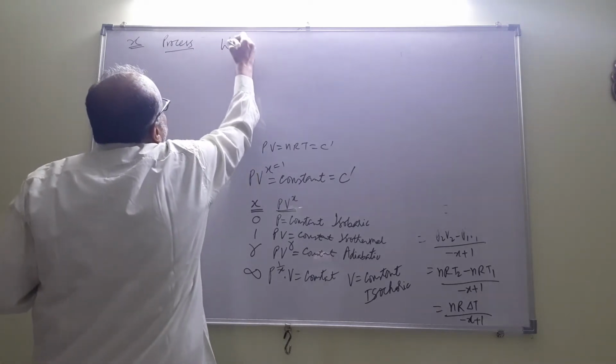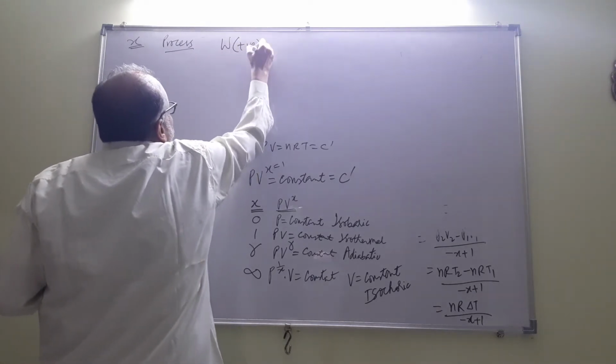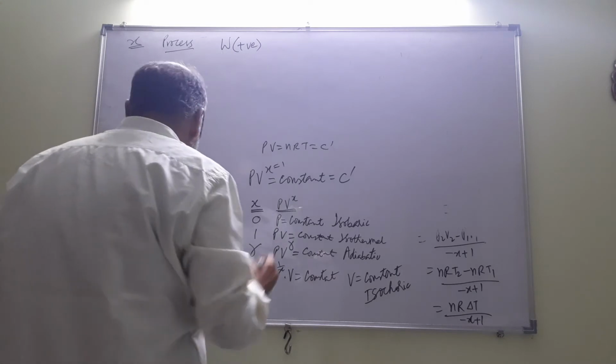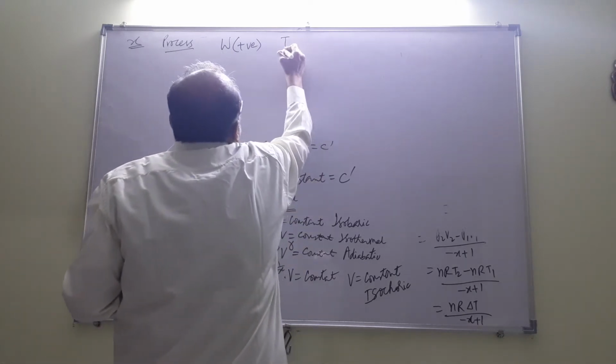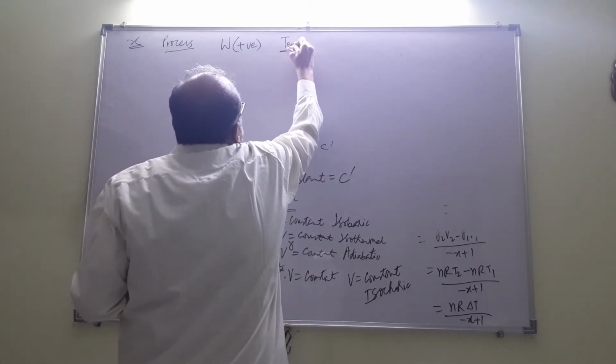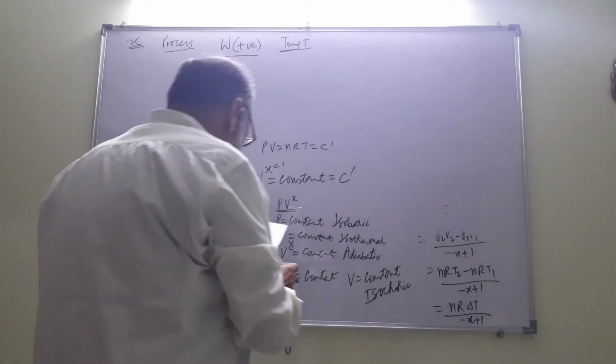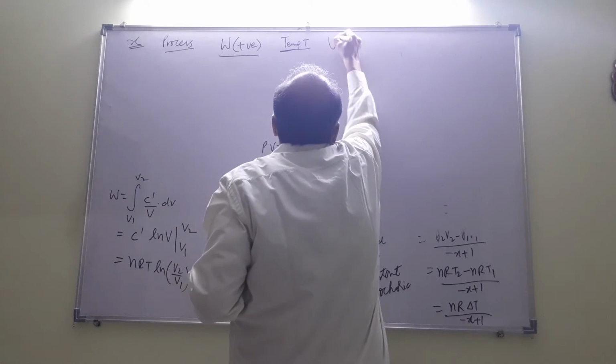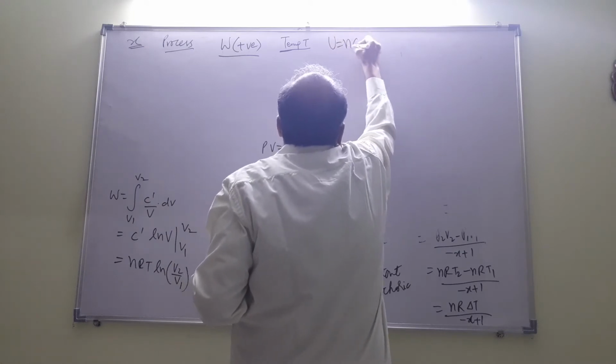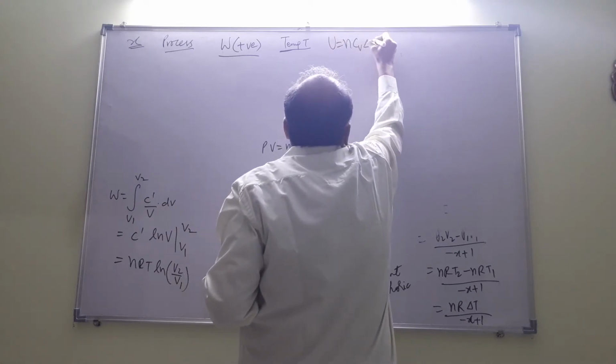You would like to take work. We are assuming that work is positive, that is expansion. You would like to see what happens to the temperature T. We wish to see what happens to the internal energy, which is given by nCV delta T.